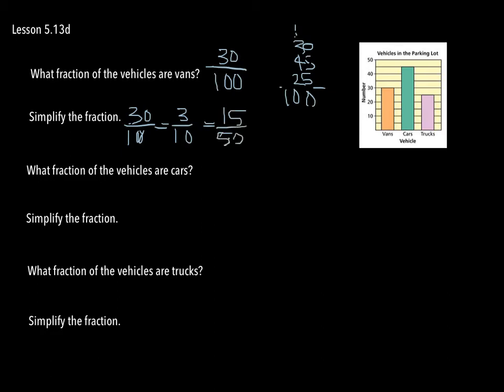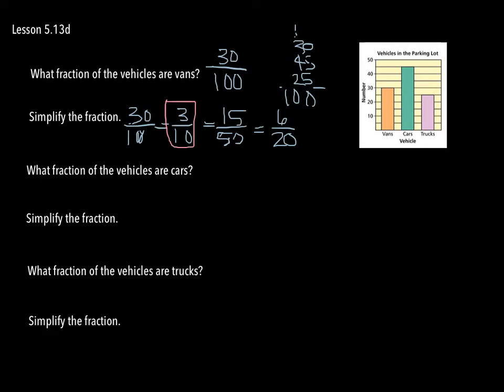I could divide by 5, and I would get 6 over 20. Now, any of those would be a correct answer, but when we talk about an answer that's simplified the most, that would be this one, because we can't break it down any smaller than 3 over 10.